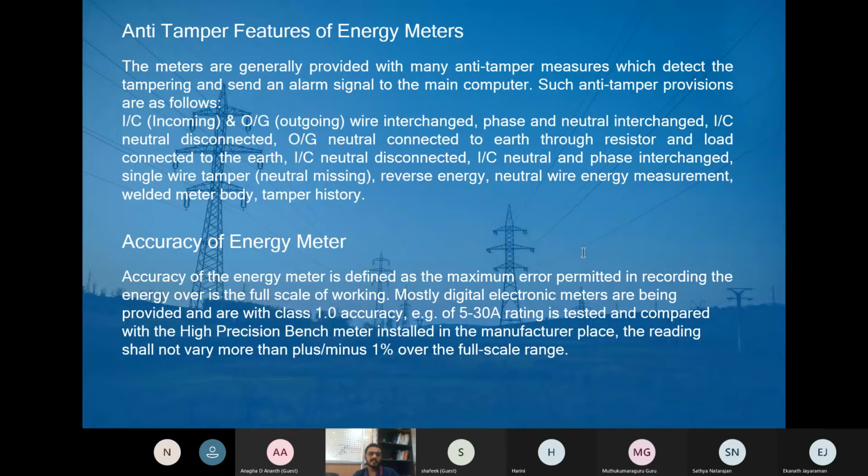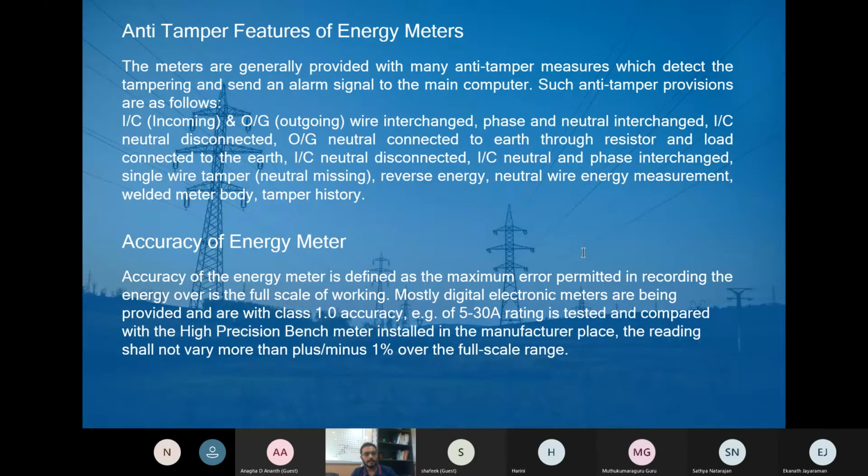Such anti-tampering provisions include: incoming and outgoing wires interchanged, phase and neutral interchanged, incoming neutral disconnected, outgoing neutral disconnected to the earth through a resistor or any load, and sometimes the neutral might be missing, and reverse energy can be measured. So these are all big tamperings that will affect your consumption and also your bill.